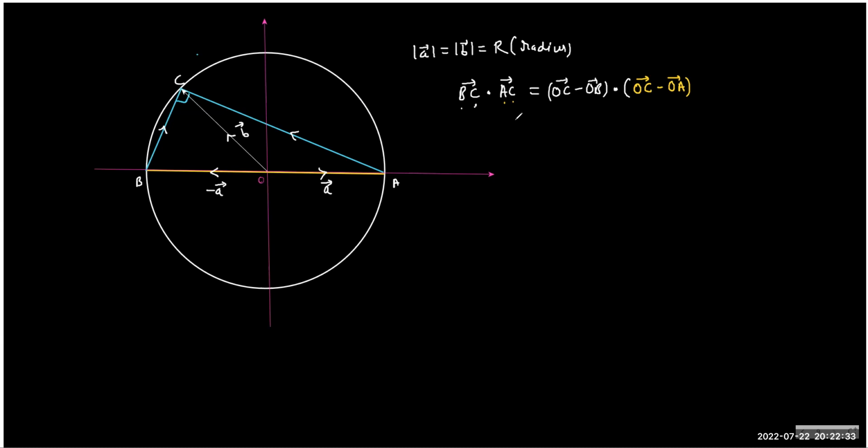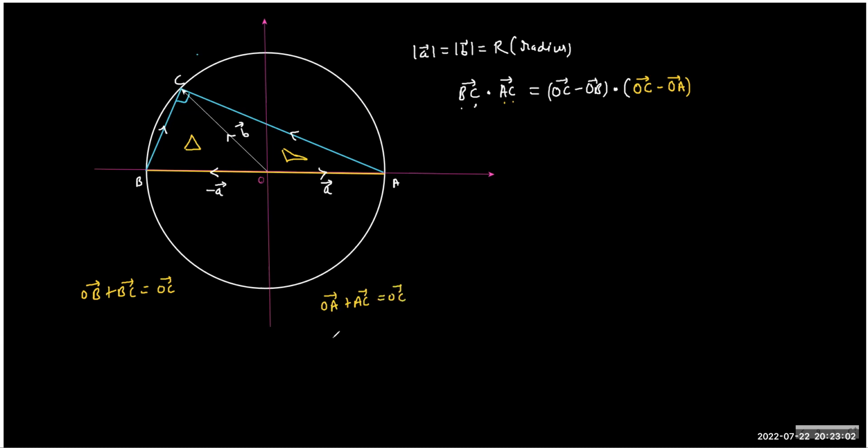But anyway, if you don't believe me, use the triangle law. Can you see the triangle law? In this triangle, what is the relation? OB plus BC equals OC. Am I right? And in this triangle, OA plus AC equals OC.